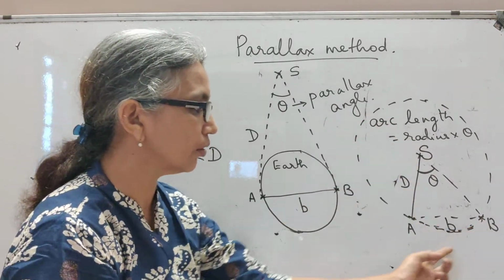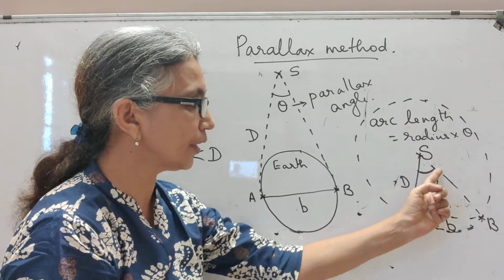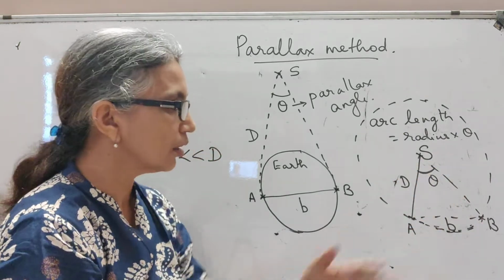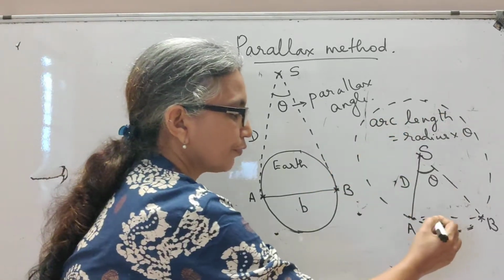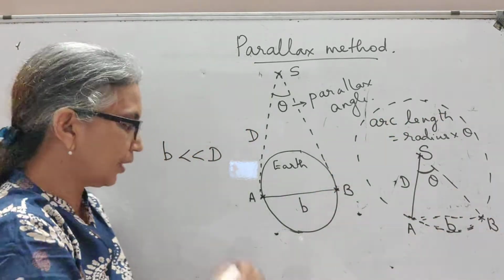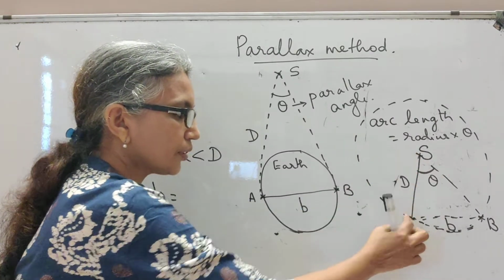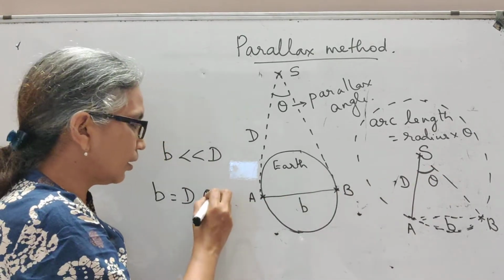Arc length of any circle equals the radius of that circle multiplied by the angle theta that this arc subtends at the center. So from here, I may write that arc length is what we have approximately taken to be b. So we may write b is equal to the radius of that circle, capital D, multiplied by theta.